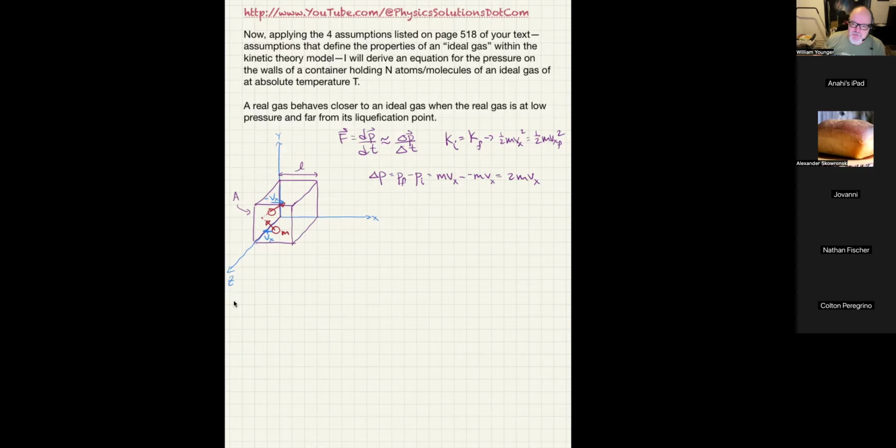So in order for us to figure out how much force it is, I need not only a change in momentum, but how much time it takes between those individual collisions that change momentum.